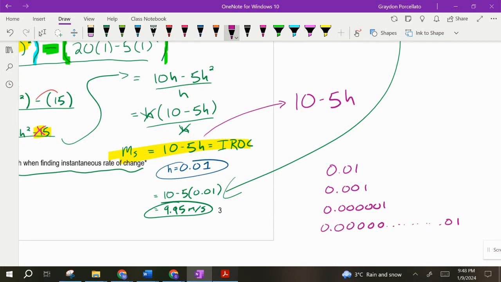Your best estimate is basically going to be when h is 0. If h is 0 in this expression, what is our instantaneous rate of change? Notice that our instantaneous rate of change is 10. So the difference quotient actually allows you to solve for the exact rate of change at a specific point, by subbing in 0 for h.